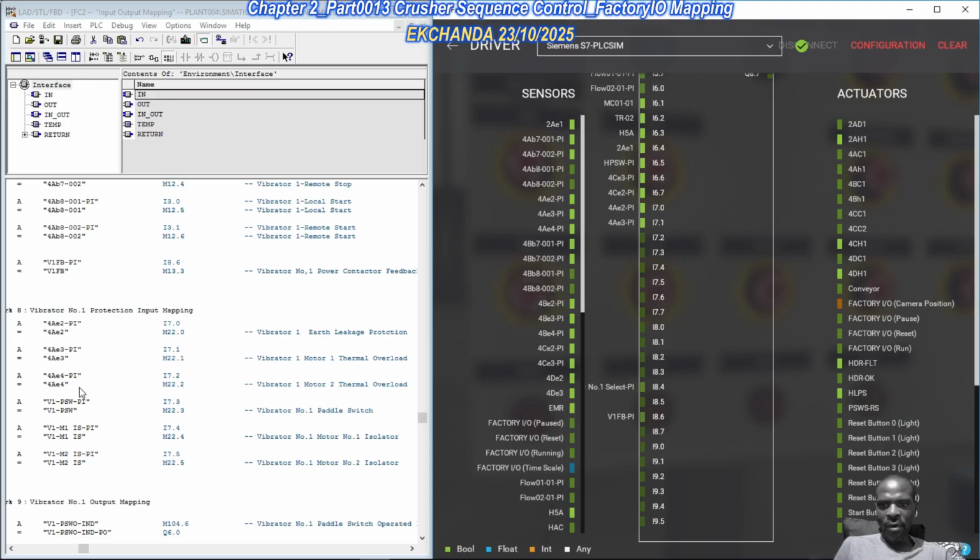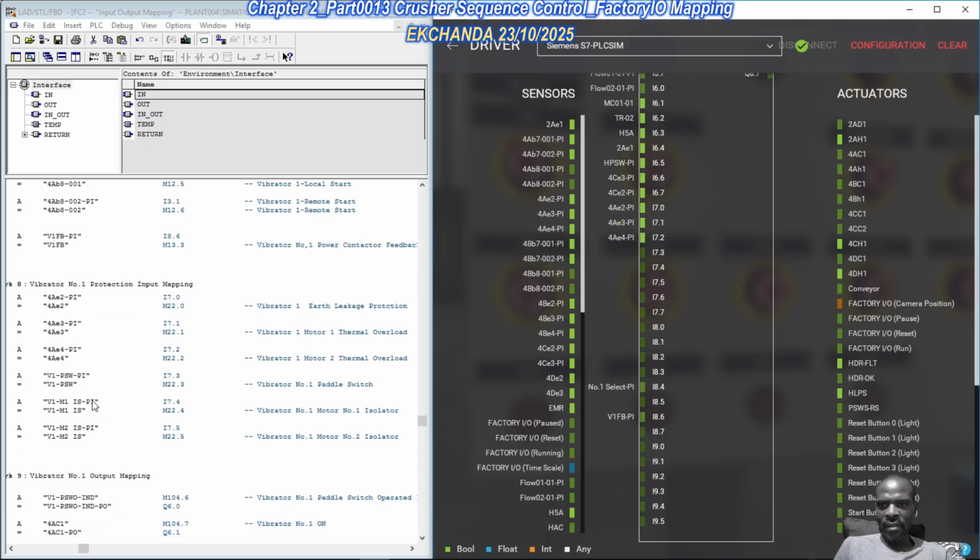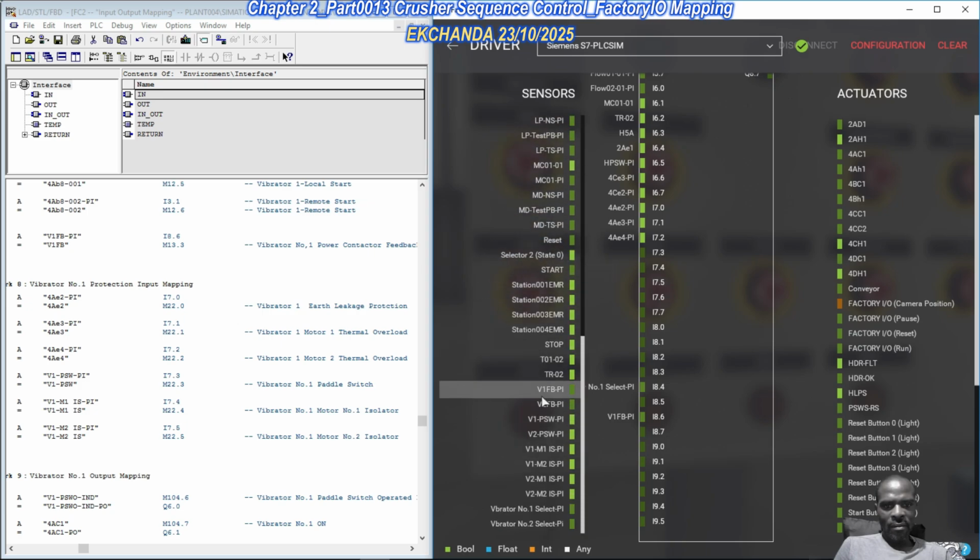Then 4AE4 7.2, and then vibrator 1 powder switch is mapped to input 7.3.